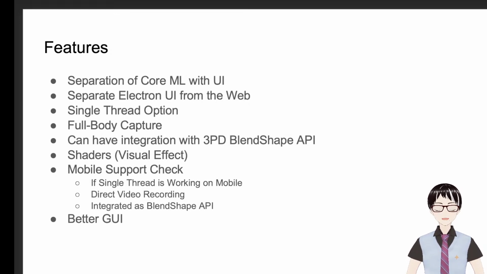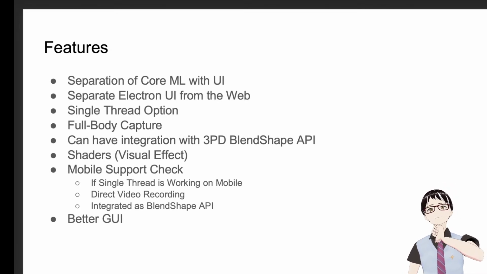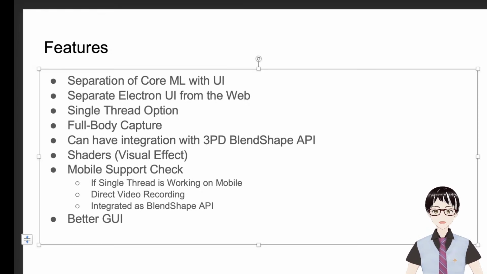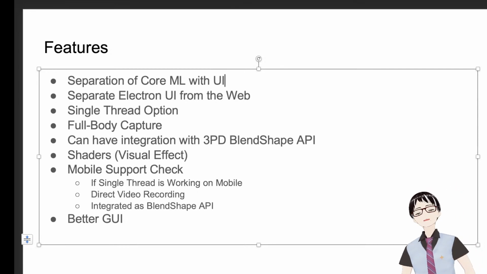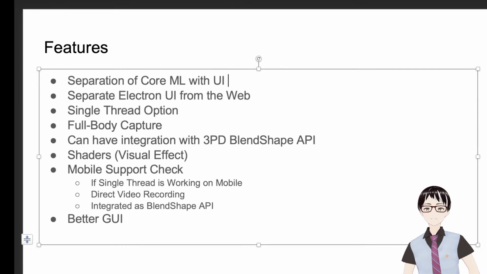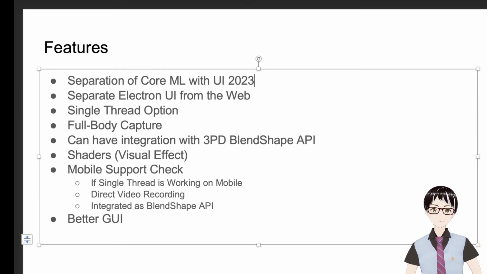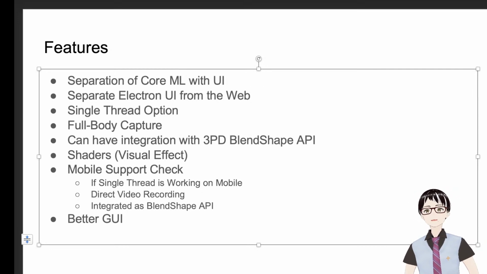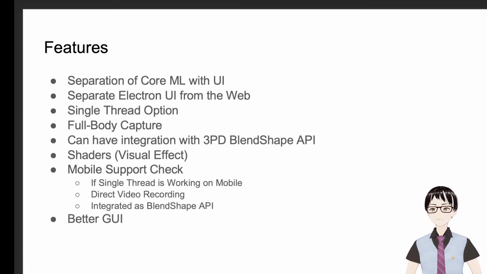So for timeline, let's see. Separate core. Let's see the difficulty of these as well, right? So for core ML with UI, okay, let's list down the timeline here.